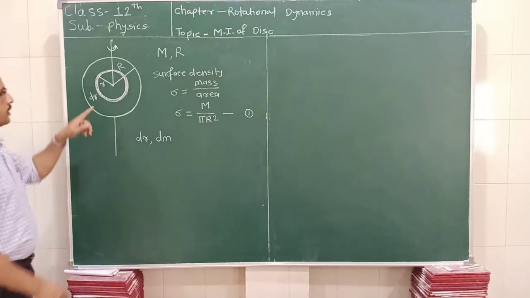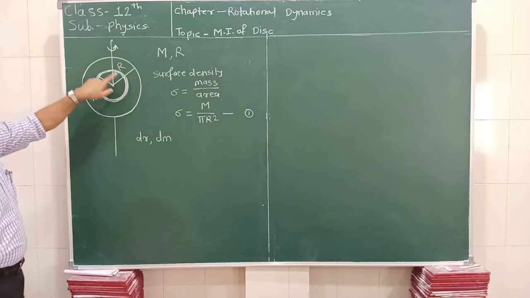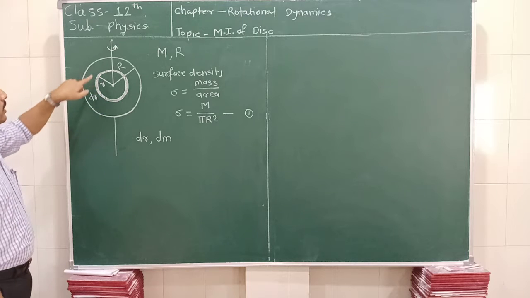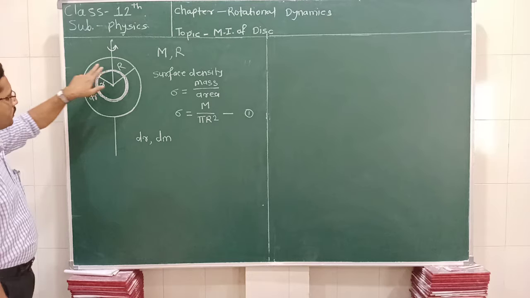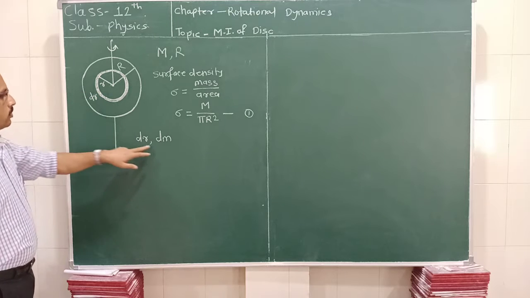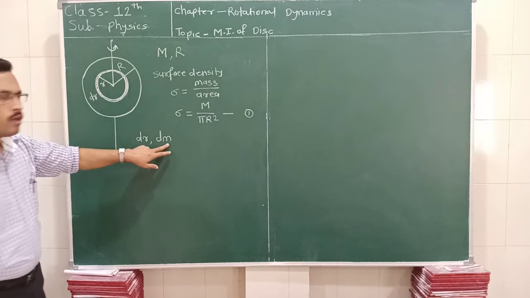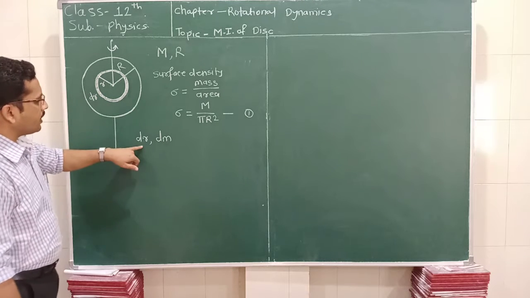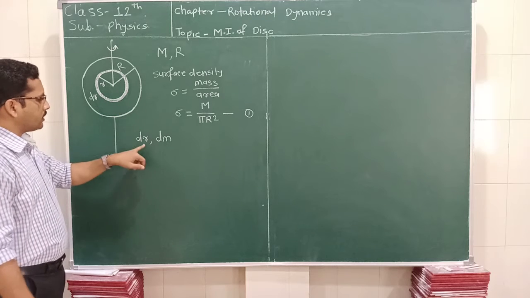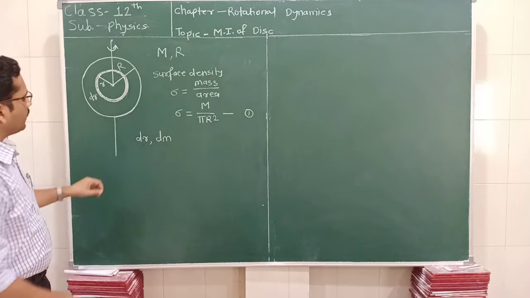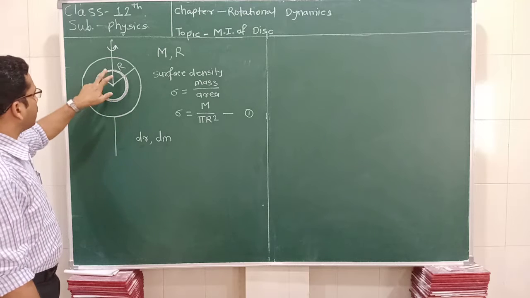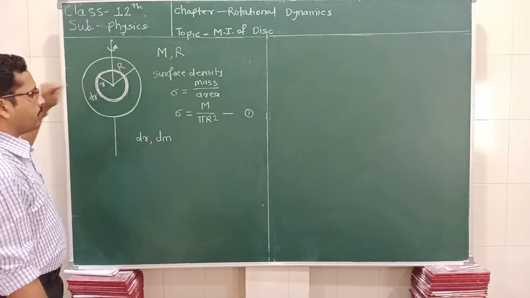Consider one such elemental ring of thickness dr and mass dm. Then we can easily calculate the area of this elemental ring.